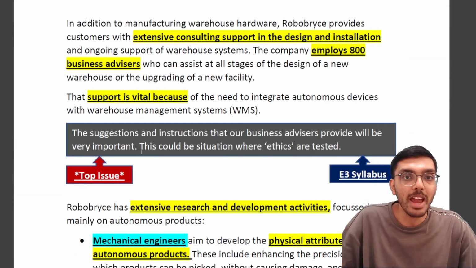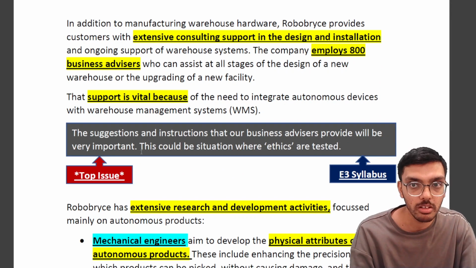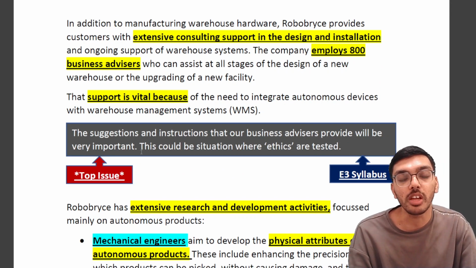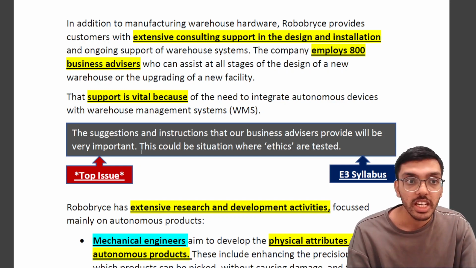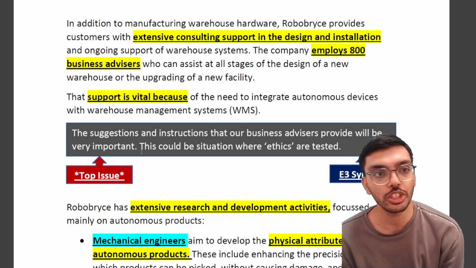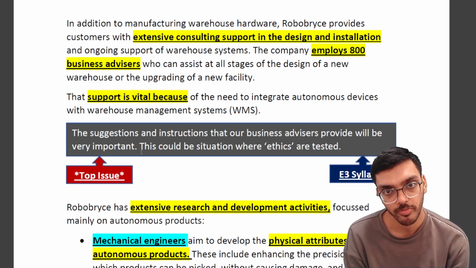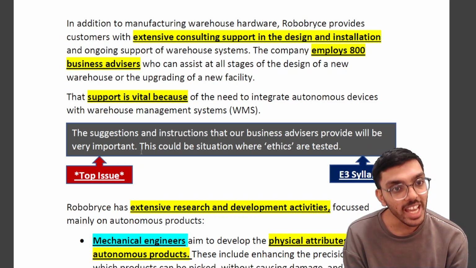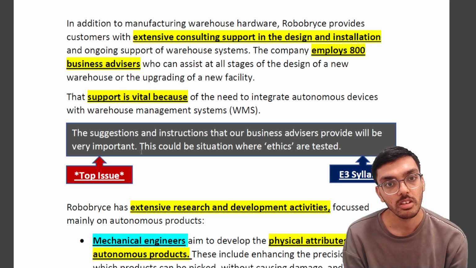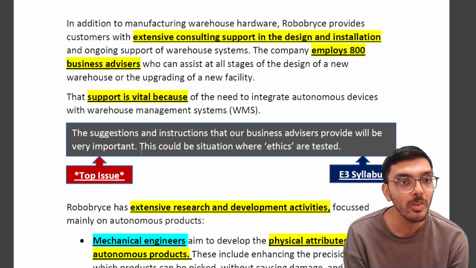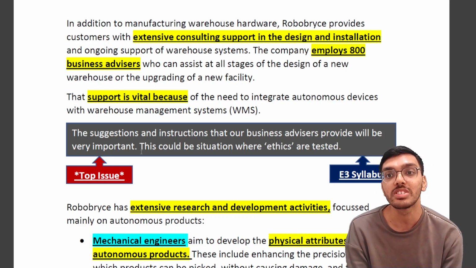In addition to manufacturing warehouse hardware, Robobryce provides customers with extensive consulting support in the design and installation and ongoing support of warehouse systems. The company employs 800 business advisors who can assist at all stages of the design of a new warehouse or the upgrading of a new facility.